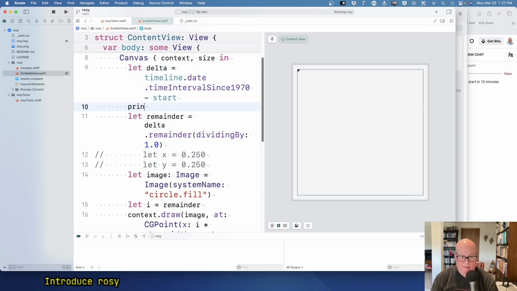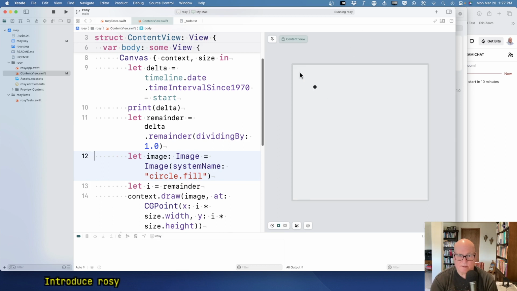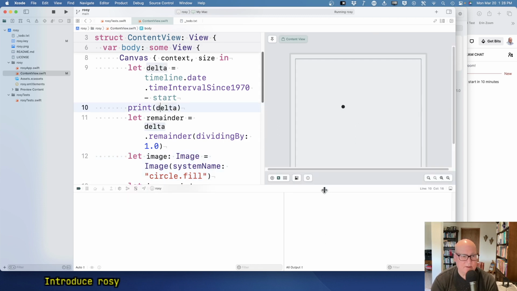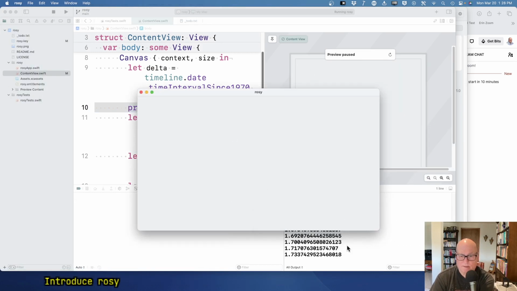I think we can do that. I'm feeling like it's either the scaling I'm doing or something is funny. I can believe 0, 0 is the top left because I think that's the default on these views. But this print should be working. Why are you not printing? Well, let's run it and see what happens. Oh yeah, there we go.